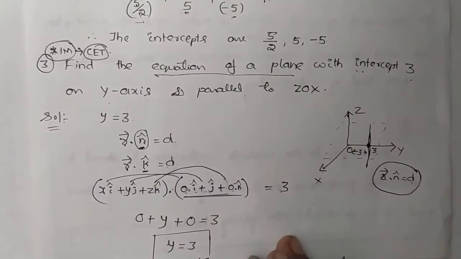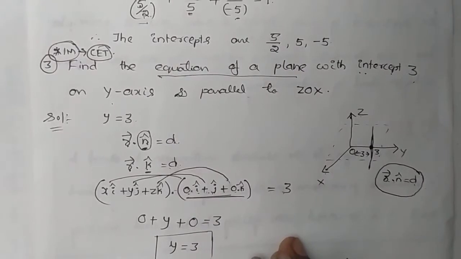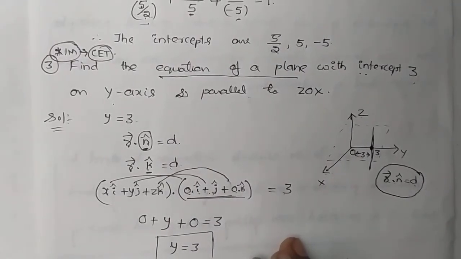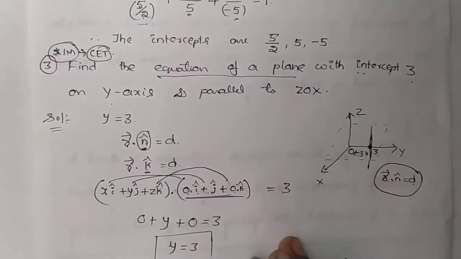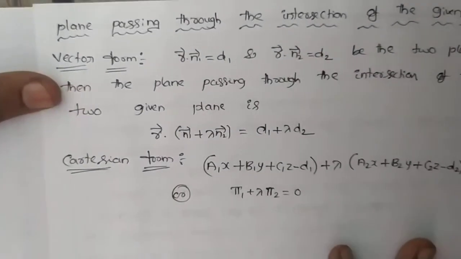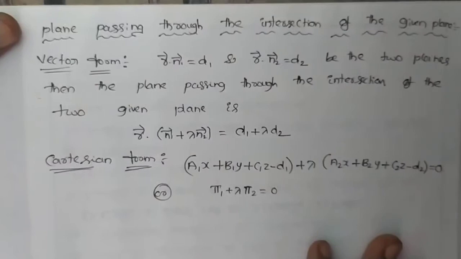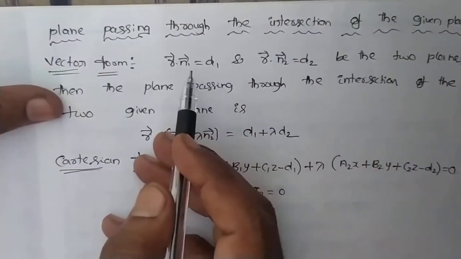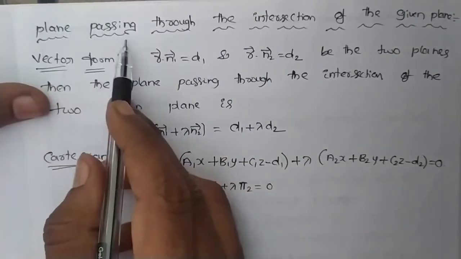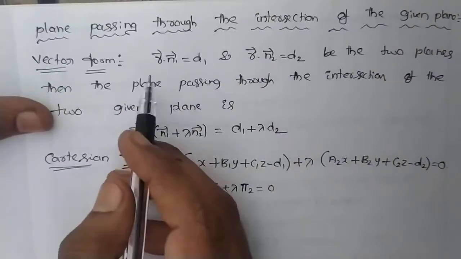Now let us move on to the next derivation of this chapter: the plane passing through the intersection of the given planes.